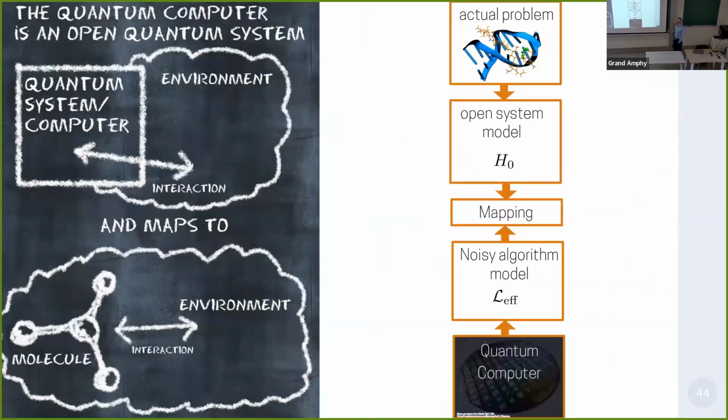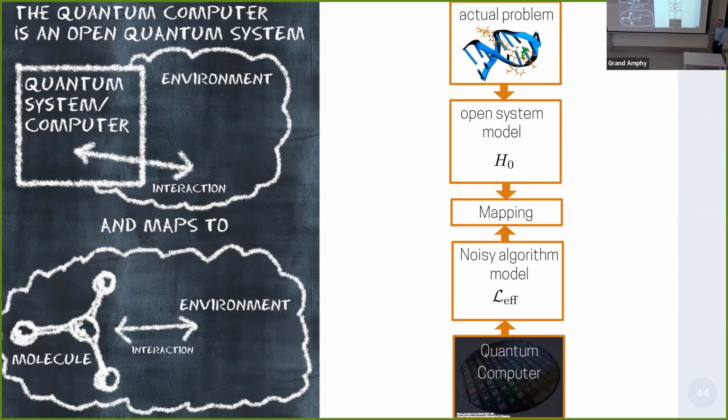Let me now summarize a little bit. What I wanted to discuss is this idea that you consider things that you want to solve as open. So you always consider problems as open and try to map them to what we call the open system model. And then you also know that your quantum computer is very noisy anyway.